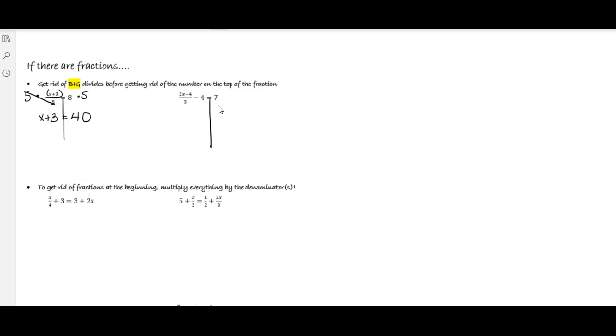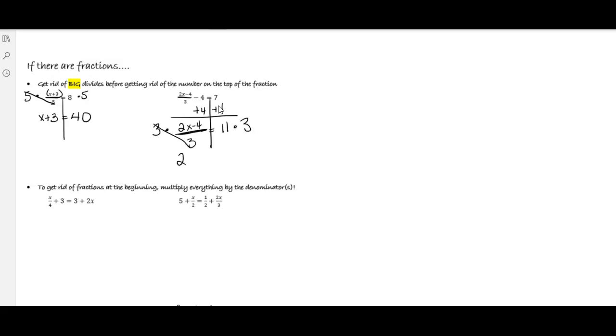Over here, I still have a big divide, but you notice this 4 is kind of away from it. So to make the process easier, I'm going to go ahead and move that over. And now I need to get rid of this big divide. So to get rid of a divide by 3, I times by 3.